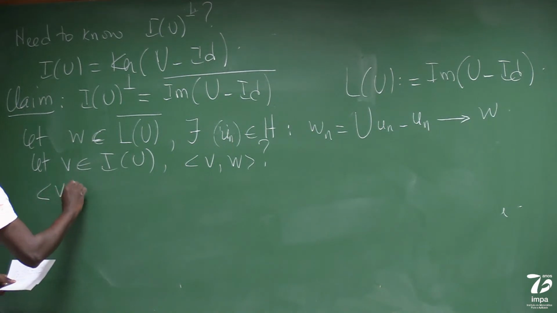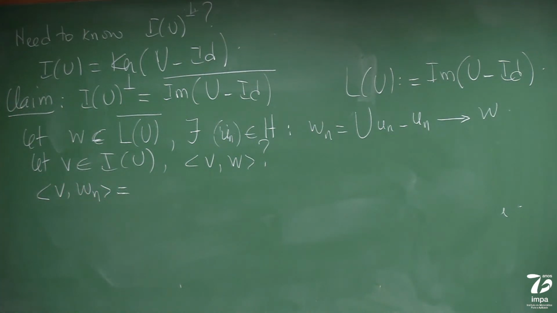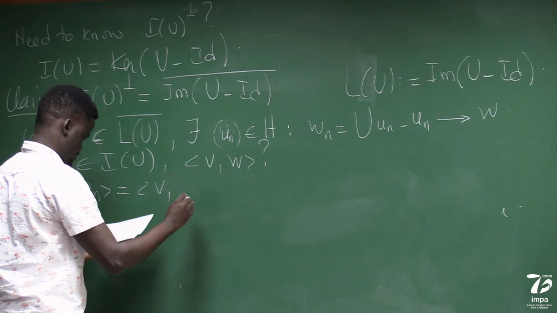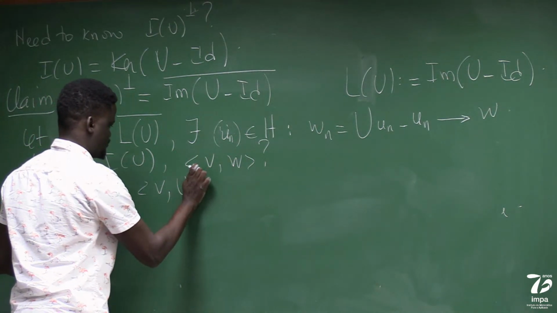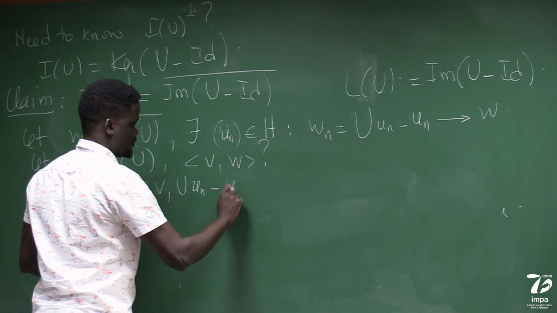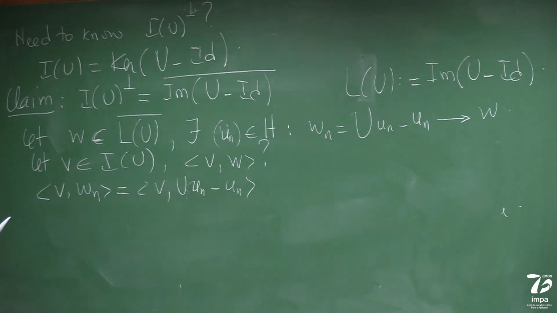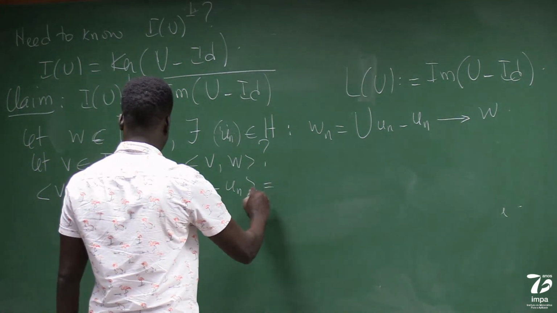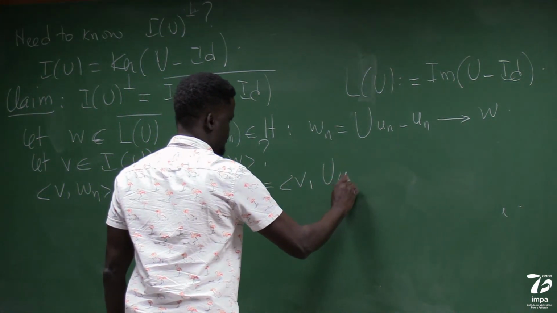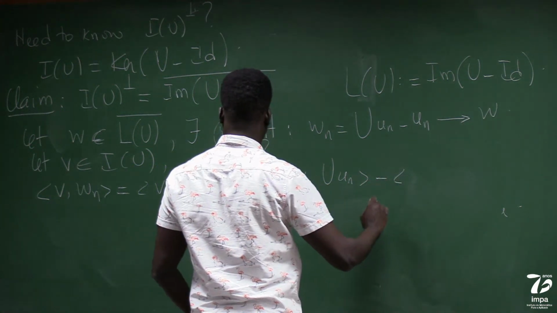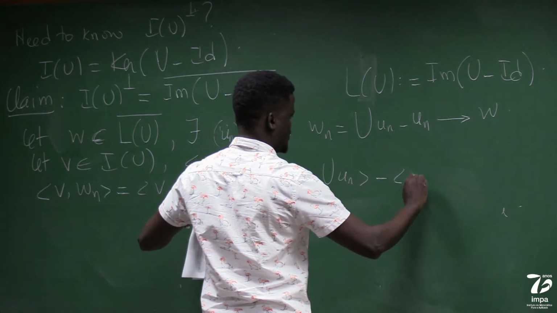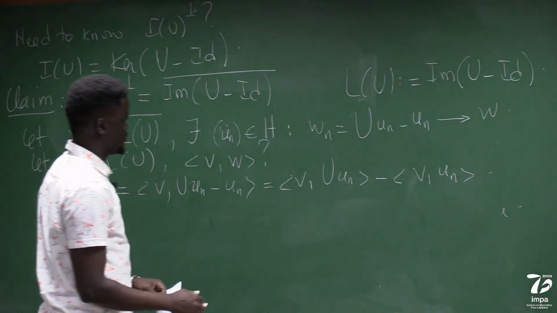So <v, w_n> is just <v, U u_n minus u_n>, so this is <v, U u_n> minus <v, u_n>, just using linearity of the integral.